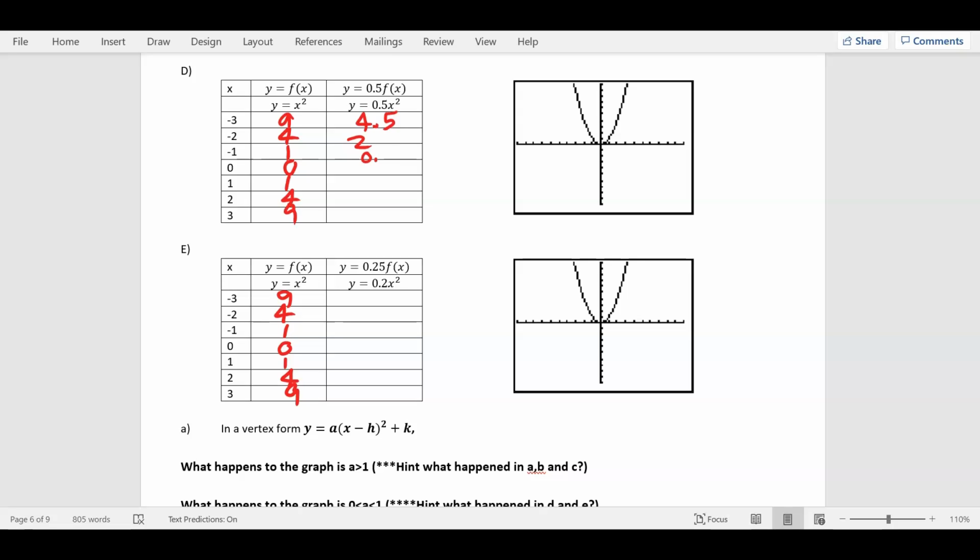So we had 0.5, 0, 0.5, 2, 4.5. Now when you graph it, what happened? What did it look like? Wider, okay? And then on the next one, 1.8. Y'all are both doing great.